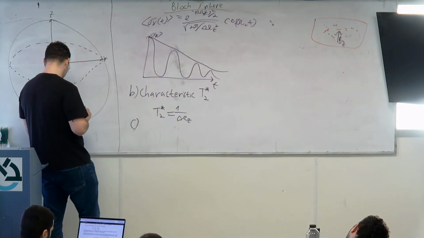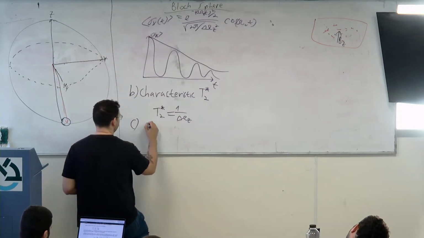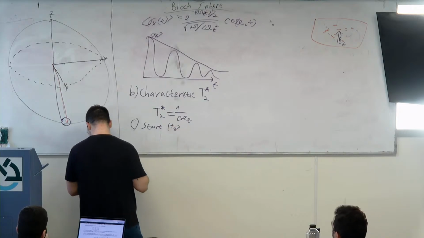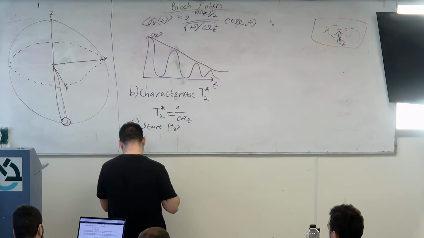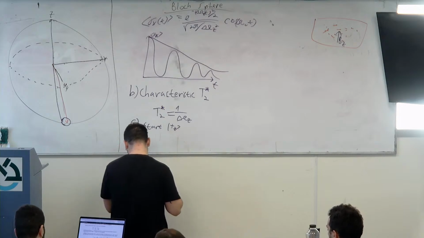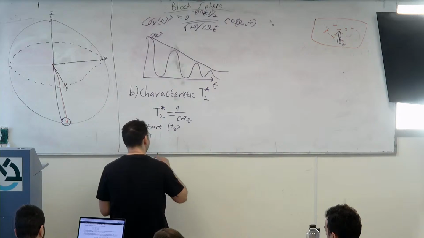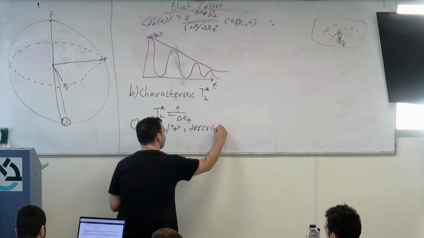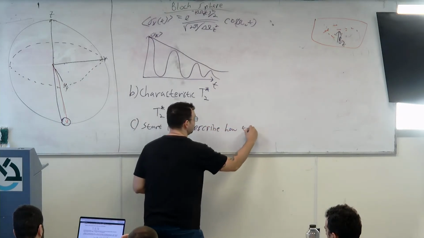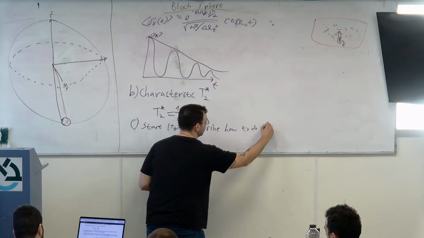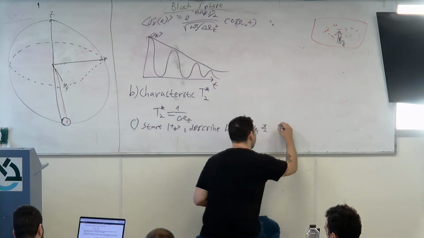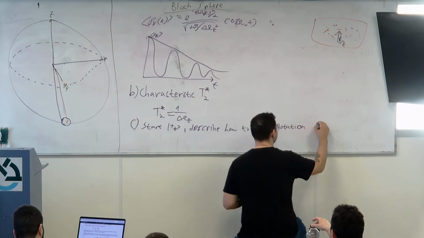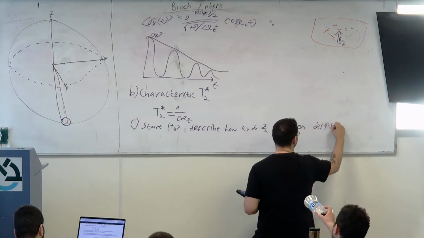Alright, now, that's the more important question. If the spin starts at plus in the z direction, describe how to do a pi half rotation despite this.